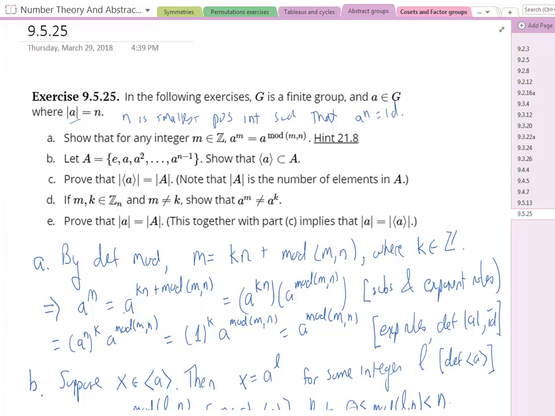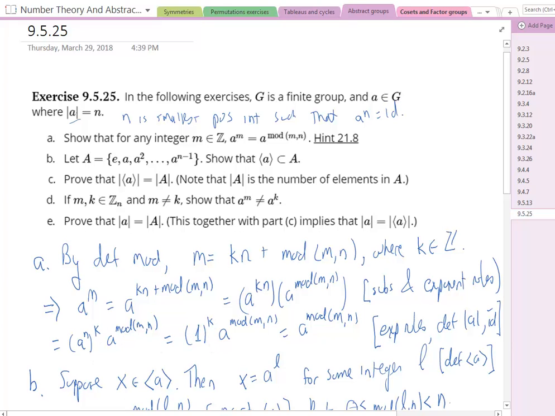All right, so let's use this to express a to the m power. I just substitute what m is: kn plus mod of m n. Then I do some exponent rule stuff. I can break the sum of exponents into two separate terms. Then here's the product of exponents, so I can write it as a repeated exponent. And then because the order of a is n, I can write a to the n to the k as 1 to the k.